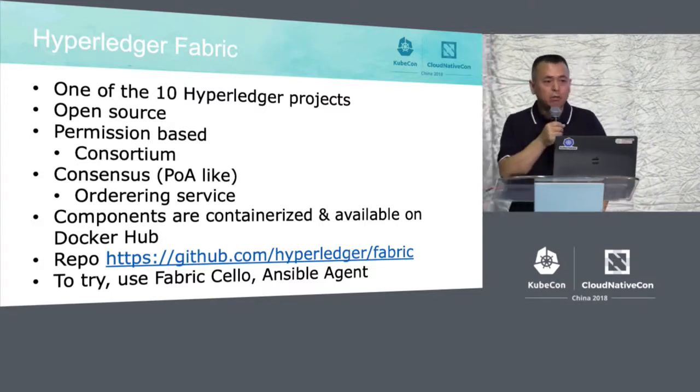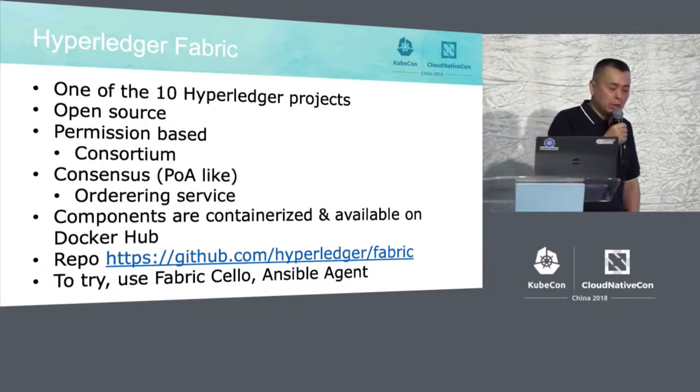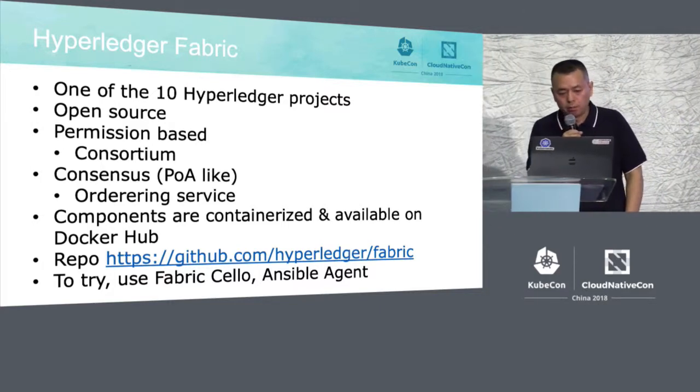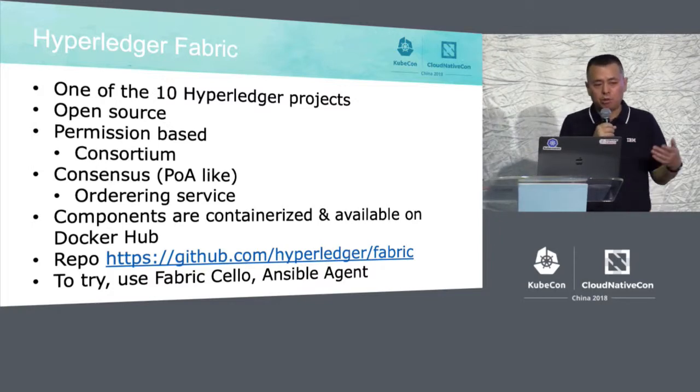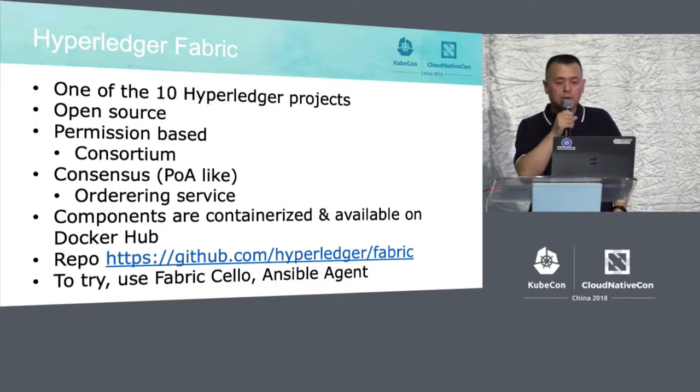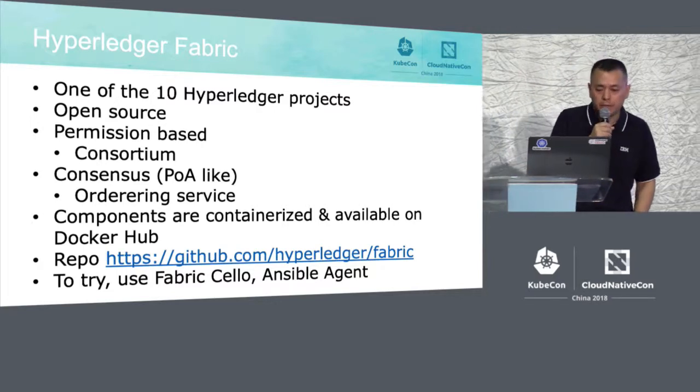I mentioned Cello. Cello is one of the 10 Hyperledger projects. The sole purpose of Cello is to help you deploy those products onto different environments, right?